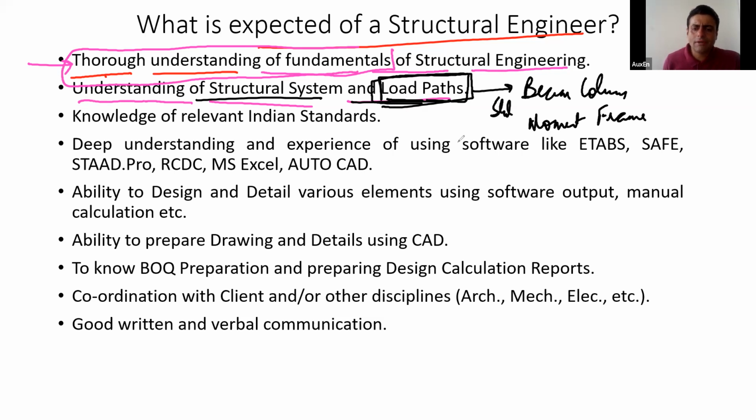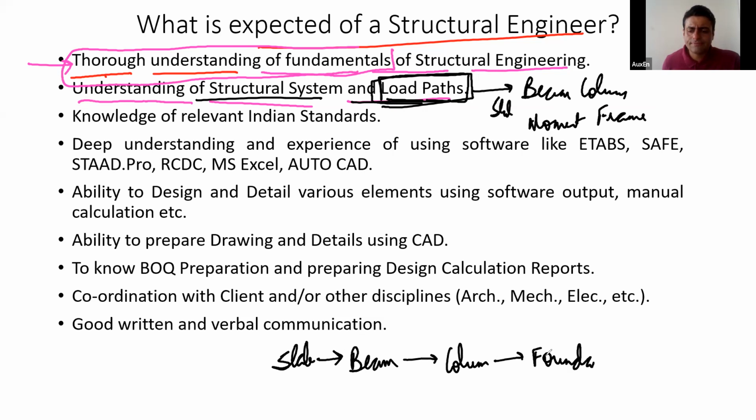So for example, if I have a slab, beam, column, moment frame, what will be the load path? So for gravity loads, the load will first come on the slab. Let's say I'm talking about the floor loads. From slab, it will go to beam, and from beam, it goes to column, and from column, we will transfer it to, let's say, our foundation system.